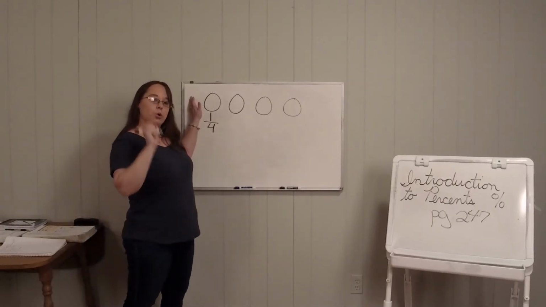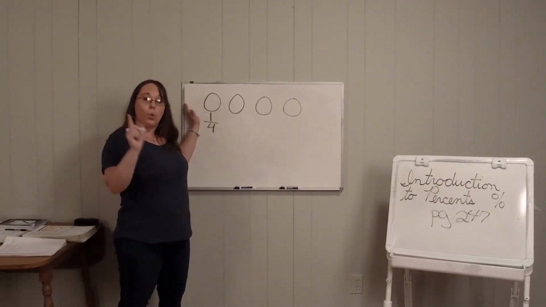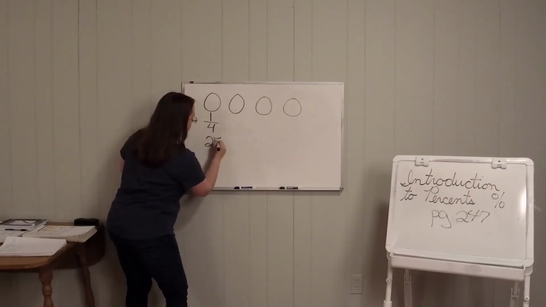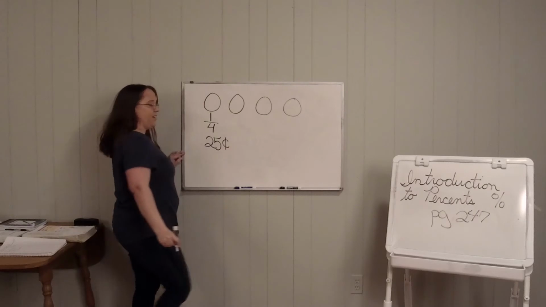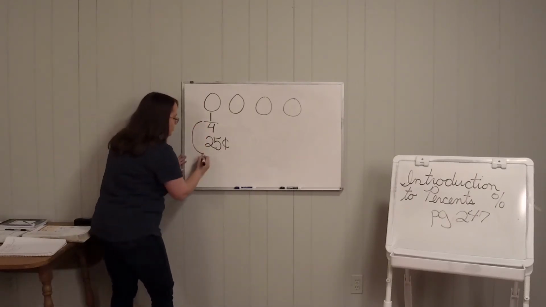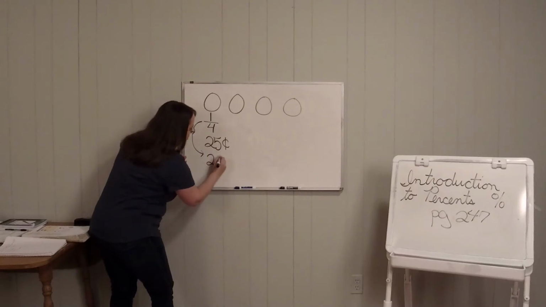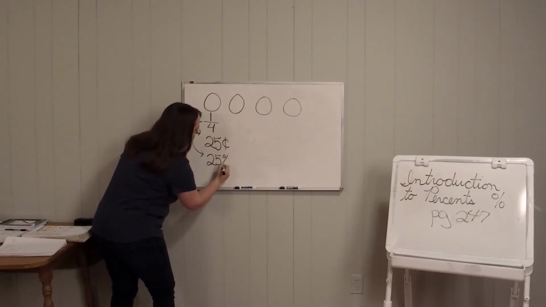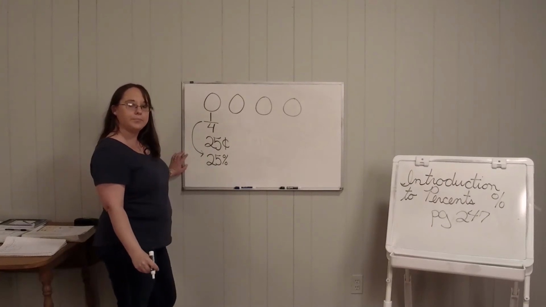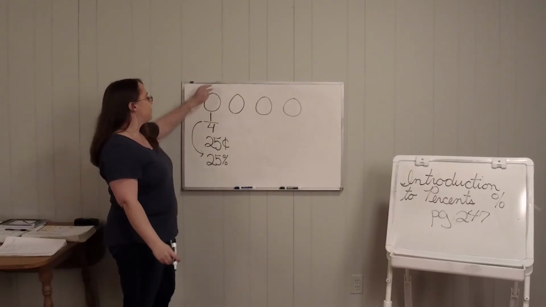How much is 1 quarter worth? 1 quarter is worth 25 cents. So the fraction 1/4 equals 25%.